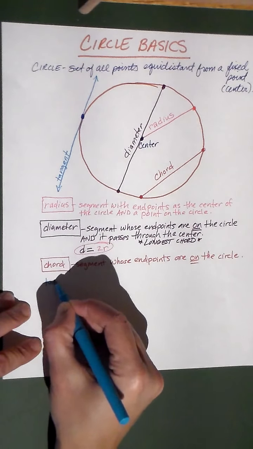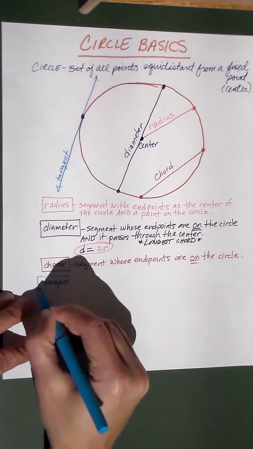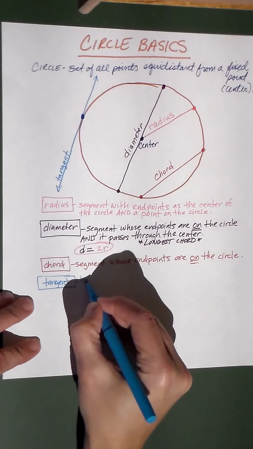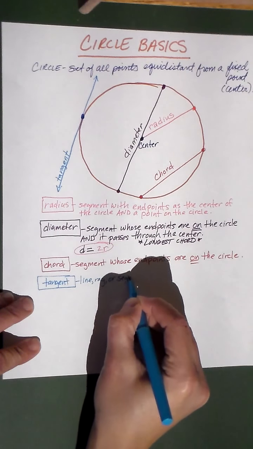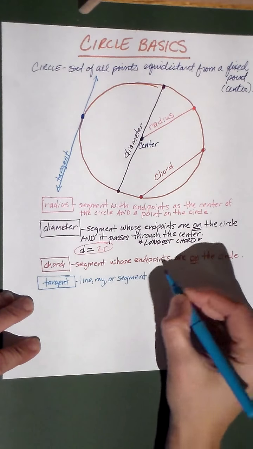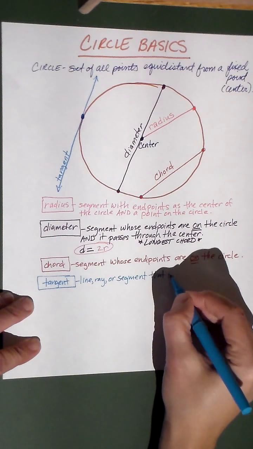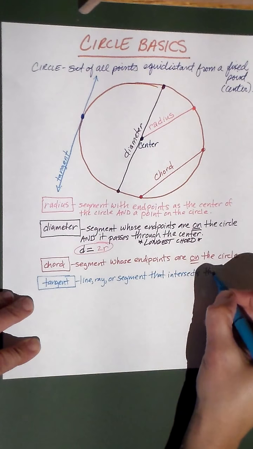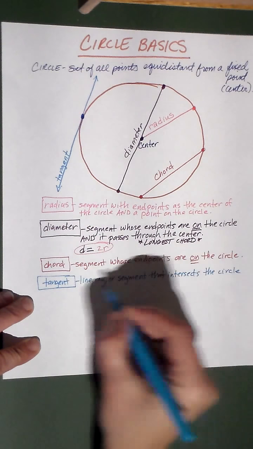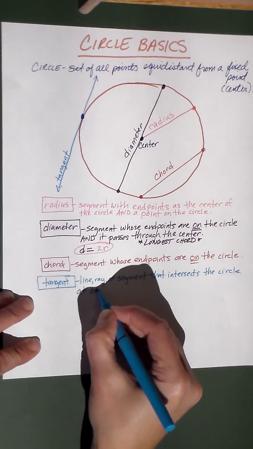Okay? So a tangent is a line, ray, or segment that intersects the circle at one point.